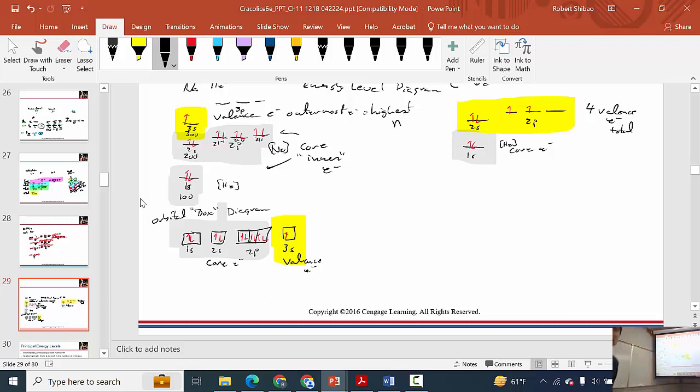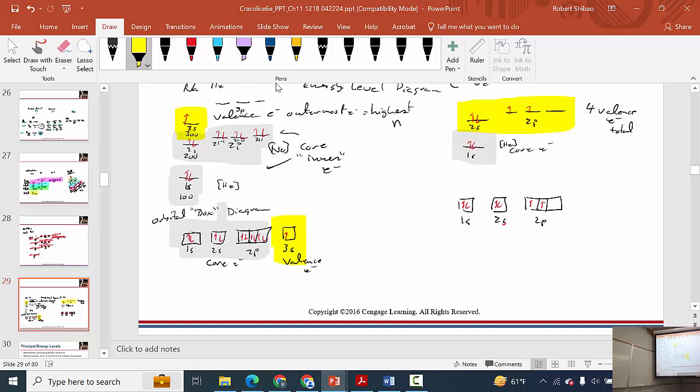The orbital box diagram for carbon looks like this. It's going to be 1 box for the 1s, 1 box for the 2s, and then 3 boxes for the 2p. And then we fill these with electrons: 2 electrons in 1s, 2 electrons in 2s, and 2 electrons in the 2p here.